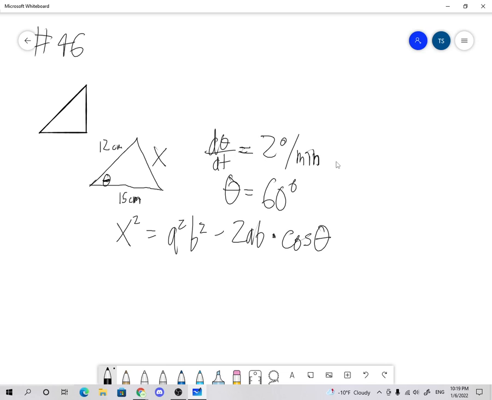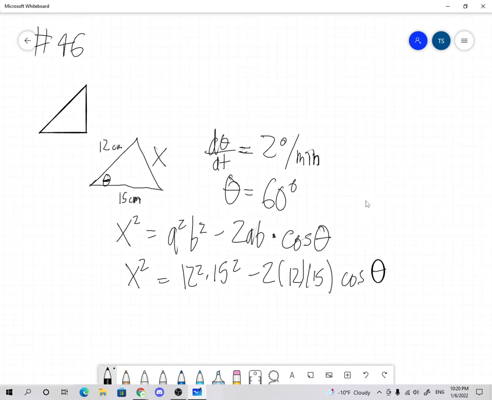Yes, we should actually substitute it in. So, first and foremost, x squared is equal to 12 squared times 15 squared minus 2 times 12 times 15 times cosine theta. And I'm not going to plug in our angle just yet, because I want to use it for later.